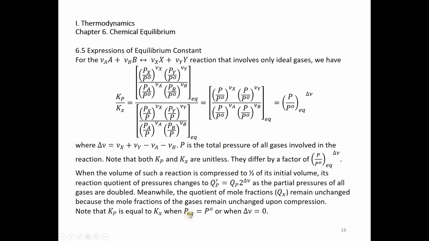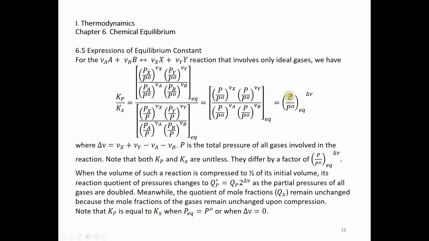If the total pressure at equilibrium happens to be P naught, you're looking at 1 to the power of something, and then K sub P is equal to K sub X. Another scenario is when delta nu happens to be 0, that means the sum of nu x, nu y is equal to the sum of nu a and nu b, and then we have something to the power of 0, which is also 1. So under either one of these two conditions, K sub P is equal to K sub X.